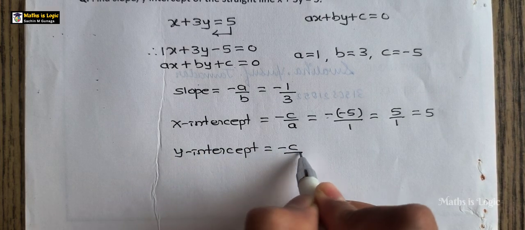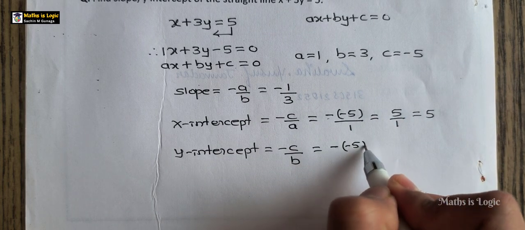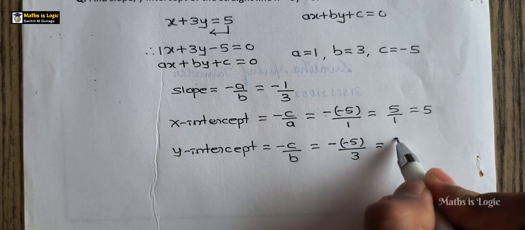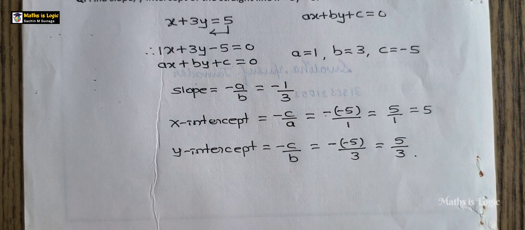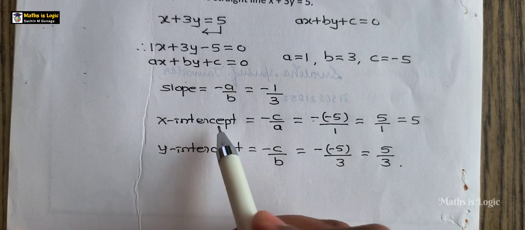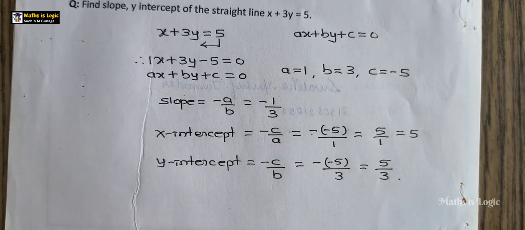Formula: minus c divided by b. Minus of c is minus 5, divided by b value, which is 3. Therefore minus into minus becomes plus, 5 divided by 3. Therefore, slope is minus 1 by 3, x intercept is 5, y intercept is 5 divided by 3.